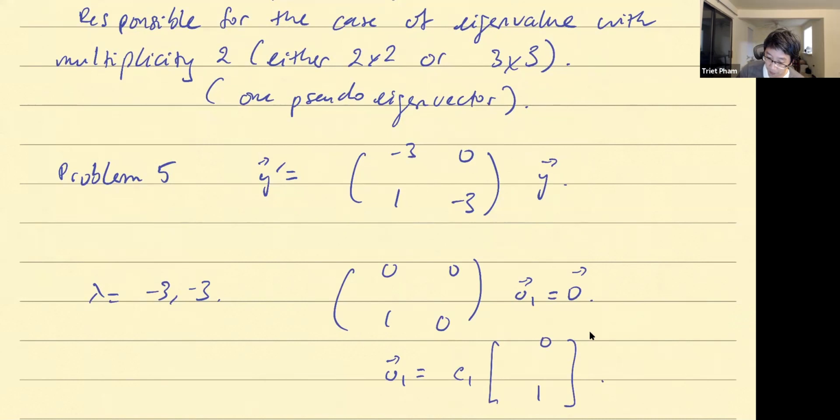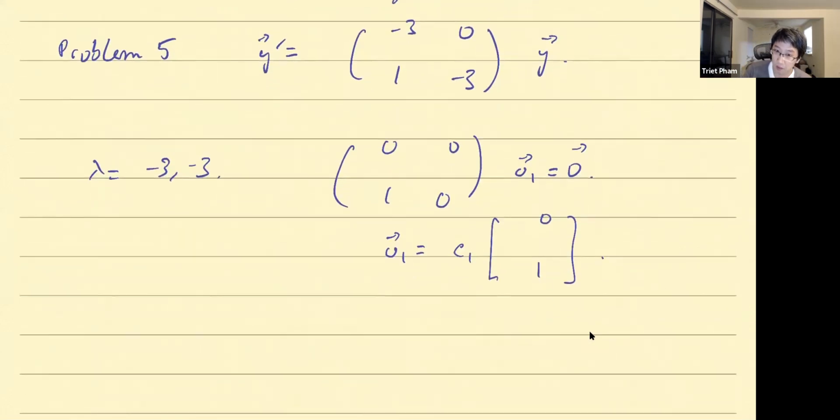Because there's only one eigenvector, you need to solve for the pseudo eigenvector, which solves this.